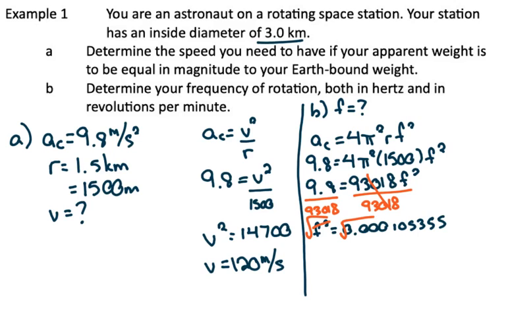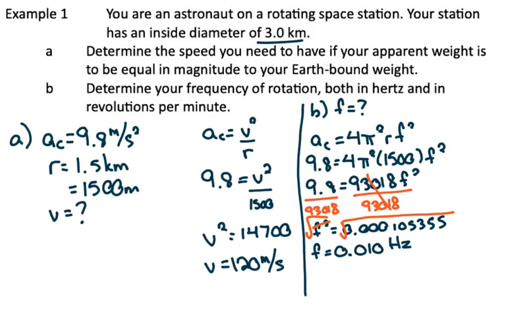Square root both sides. For the final answer, we need 2 sig figs, and we get f of 0.010, with frequency measured in hertz, meaning 0.01 revolutions per second.